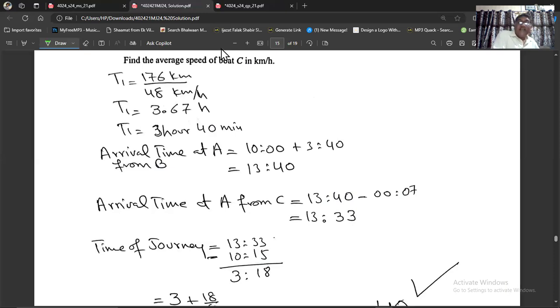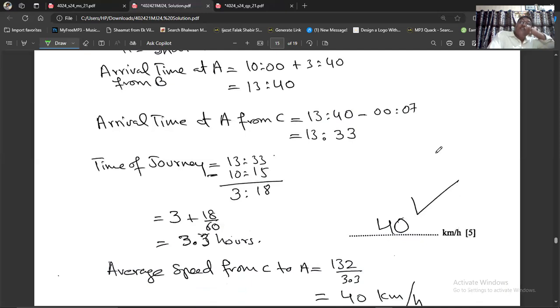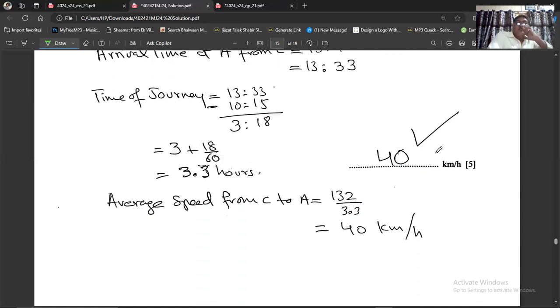To convert the 18 minutes into hours, you divide the 18 by 60. So you get 3.3. So the average speed of C to A will be the distance between C and A, which is 132 kilometers, and it took 3.3 hours. So when you divide 132 kilometer by the 3.3 hours, you get 40 kilometer per hour. 40 kilometer per hour.